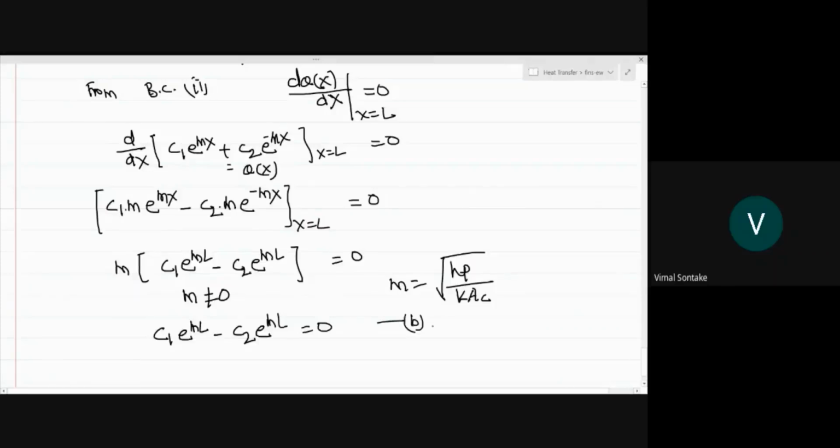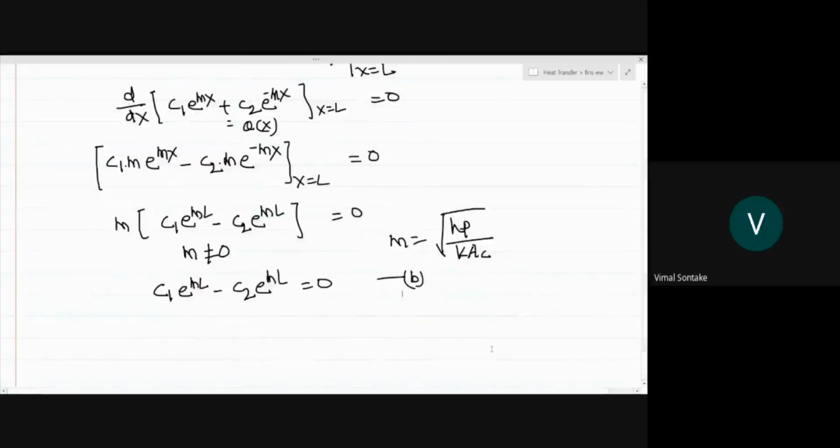So what actually we did, we solved equation number 7 along with two boundary conditions for case number 2, that is heat dissipation from the fin with insulated tip. Now, I am basically interested in the value of constants C1 and C2.